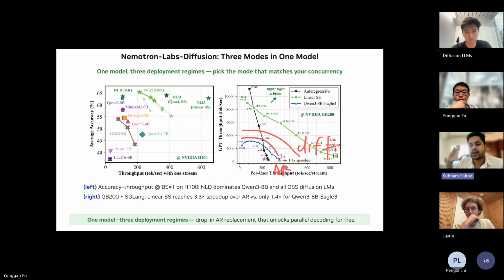So my point is that with a context length of 100,000, maybe the AR model is faster than the diffusion model. But are you saying if I increase the context length to, let's say, 200,000 or 500,000, a million, right? The diffusion will be faster than the AR model? Yes, that's my point.